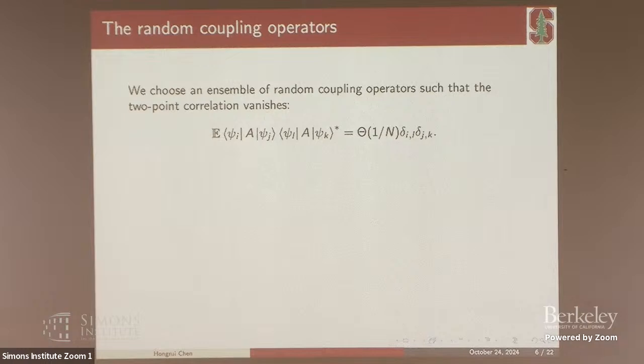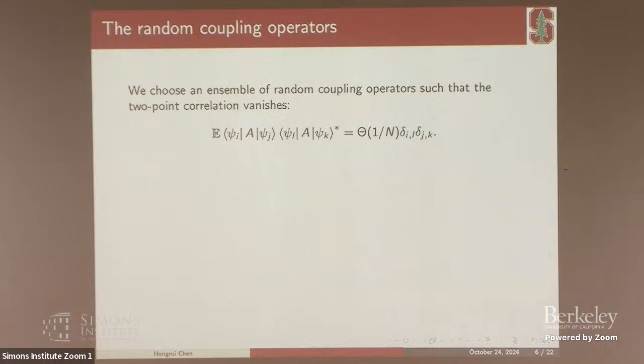Our construction is based on a random coupling operator. We want a random Hermitian matrix A such that it satisfies this property. Basically this means that for different entries of the Hermitian operator, the correlation between them will be 0, but for each entry, the variance will be of order 1/n. Here n is the dimension of the Hilbert space, and this is used for an appropriate normalization.